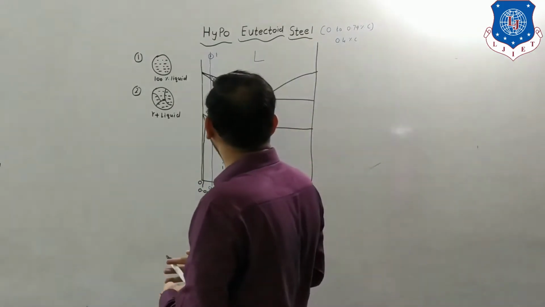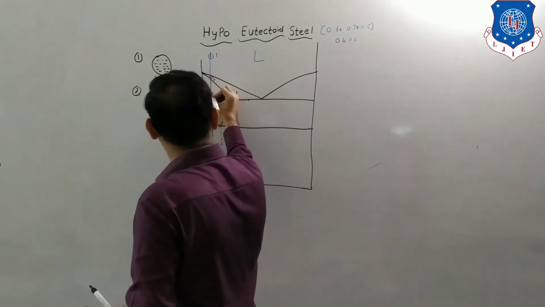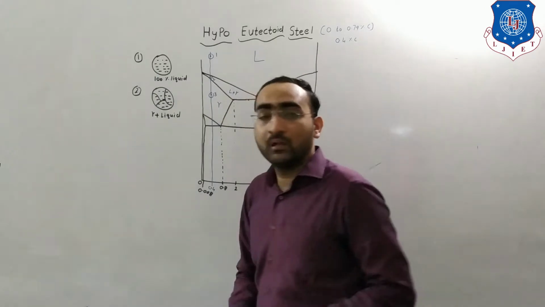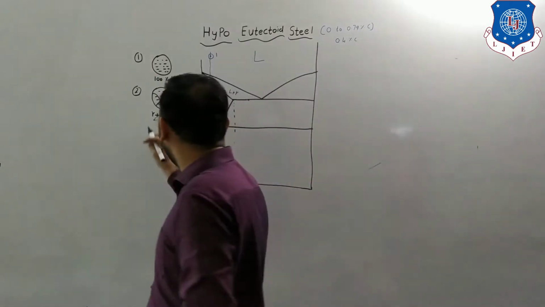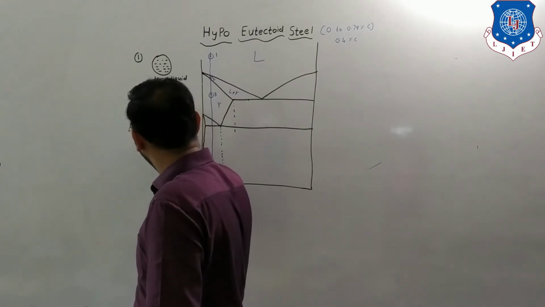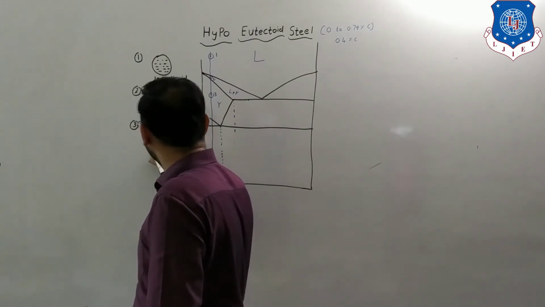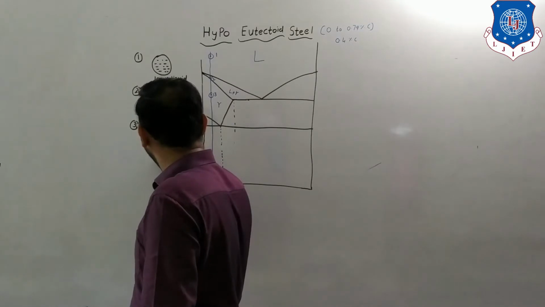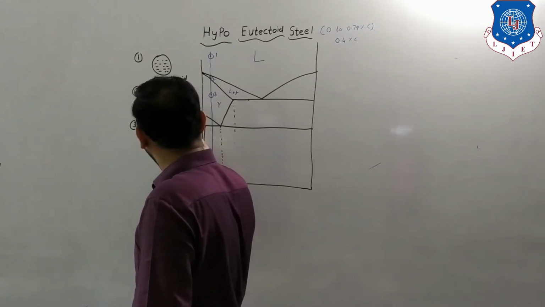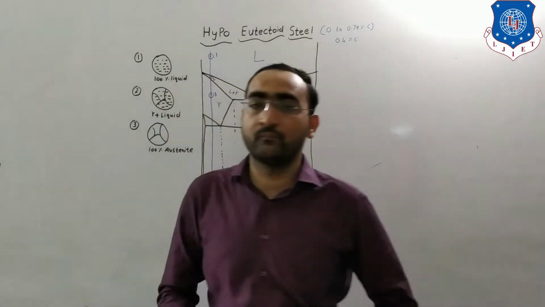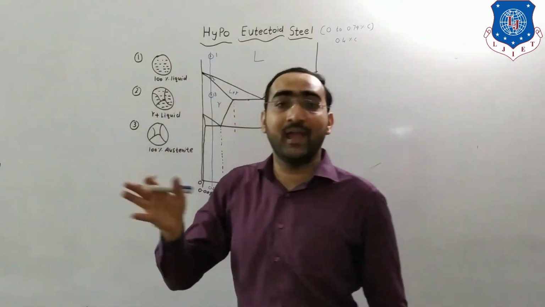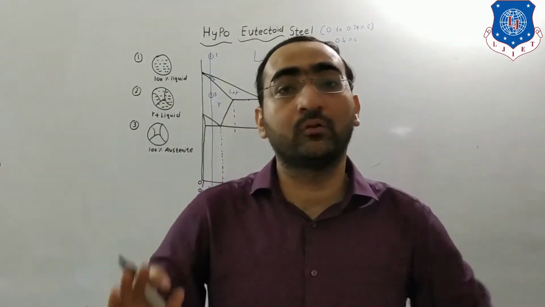Now, the third point falls under this region. The third one, which is gamma, that is the austenite region, is 100% austenite. So these three remain the same as we have seen in the eutectoid steel.